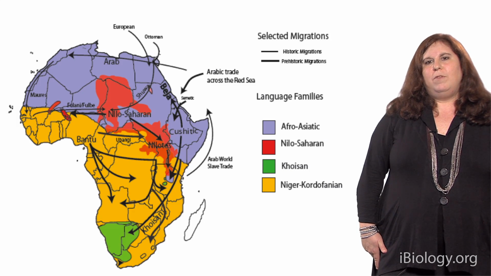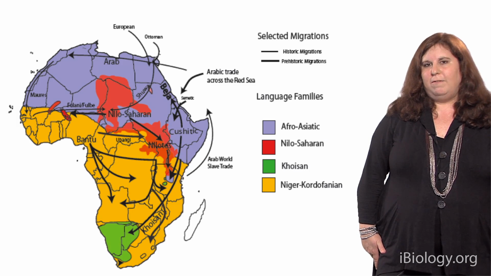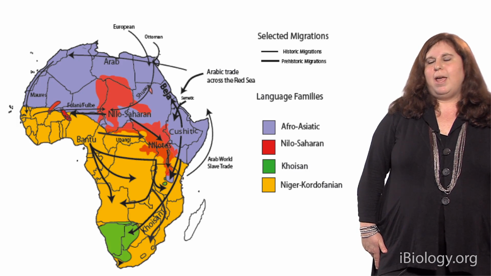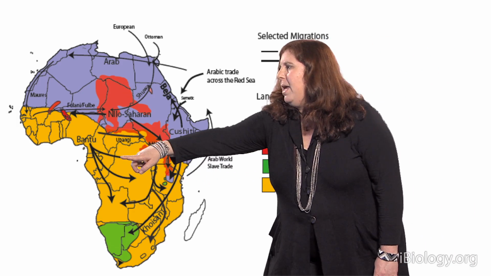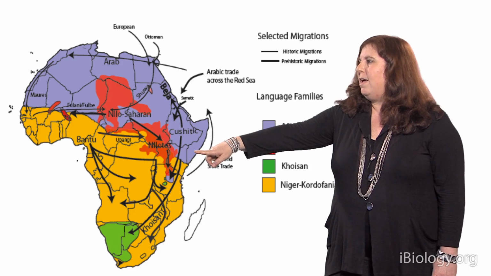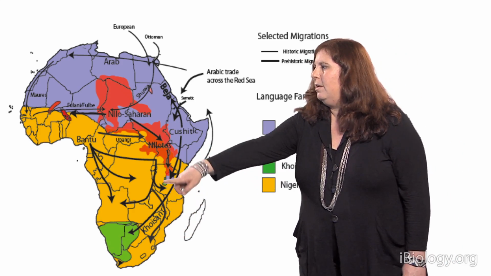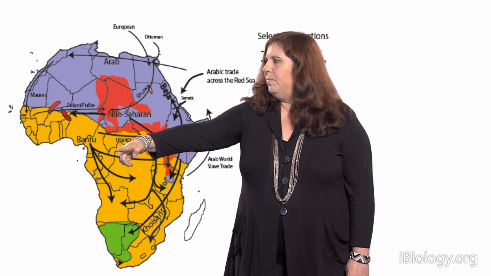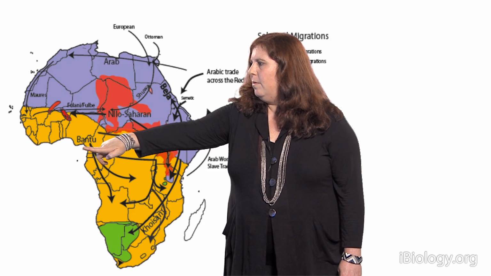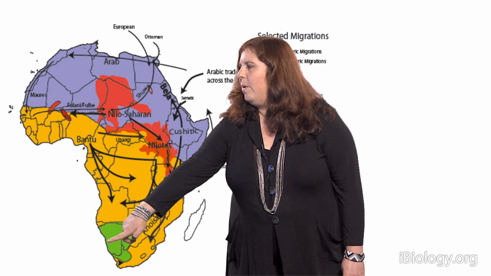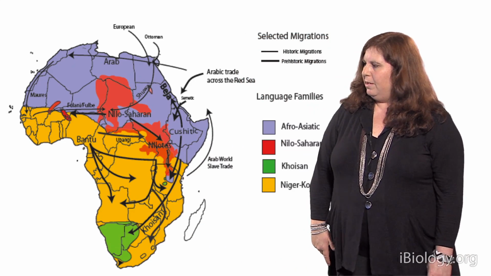And so these populations had a technological advantage in a sense, and they were able to rapidly expand across Africa into East Africa and then South Africa, or from West Africa along the western coast into Southern Africa.